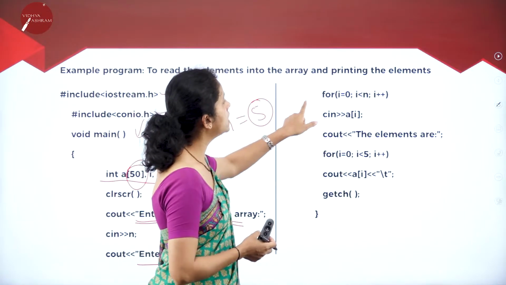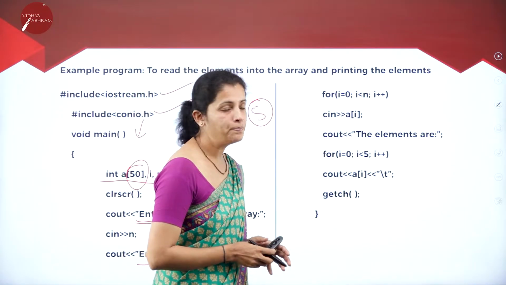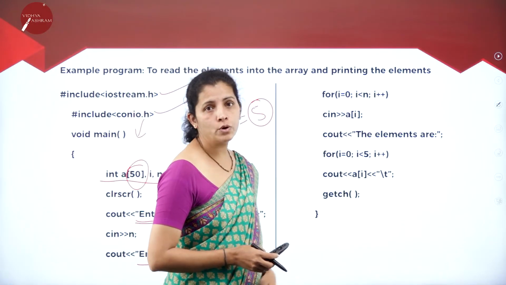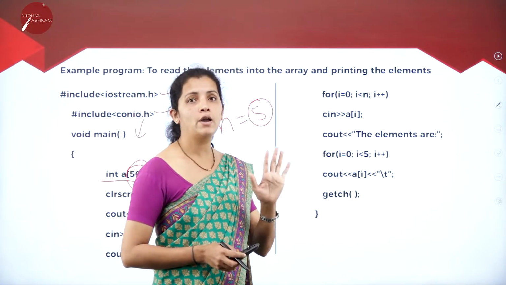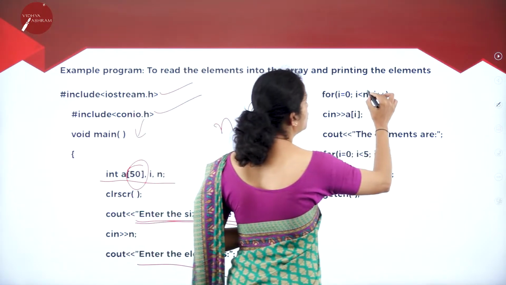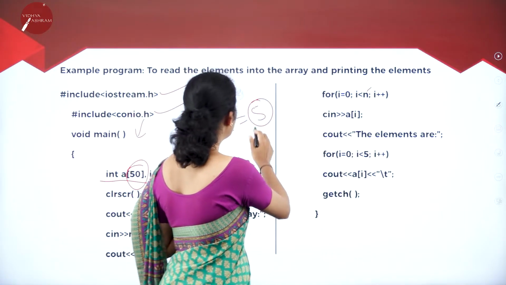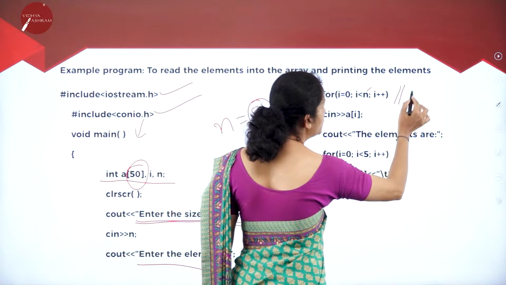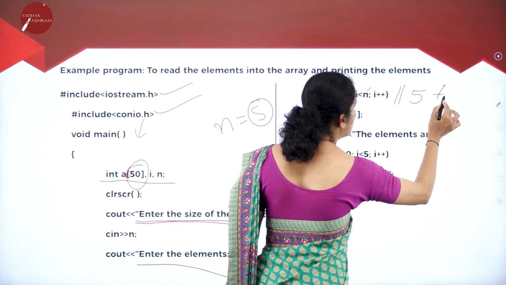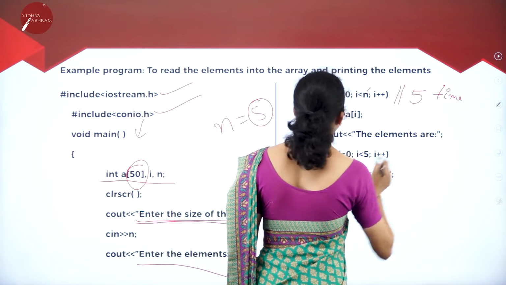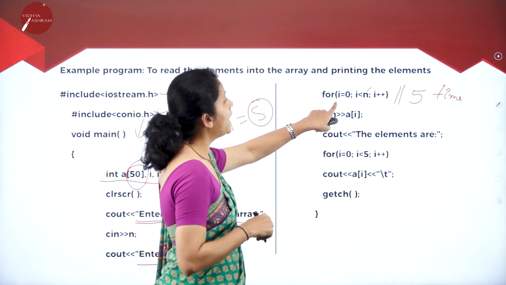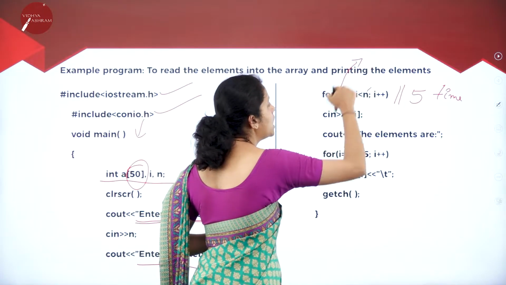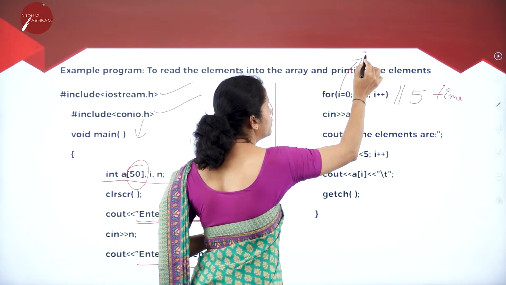For that reason, I'm going to use the for loop here. Now tell me, how many times is this for loop going to execute? Only 5 times, depending on this n value. So here I have given 5, so this for loop is going to execute 5 times. Now, I is nothing but the index and our index always starts from 0.